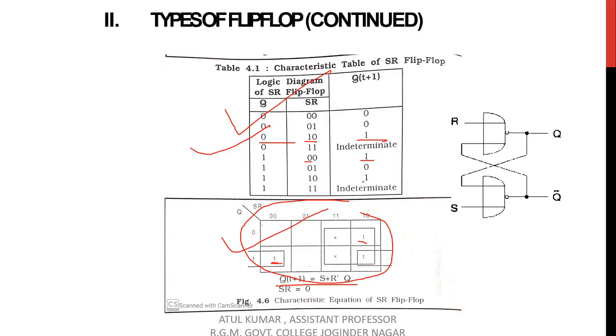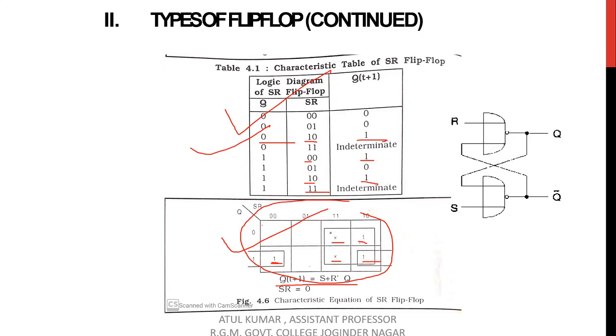And the next case where the output is 1 is when S is equal to 1 and R is equal to 0, that is this case. And when both S and R are 1, in this case we have an indeterminate state, which is represented with a cross in K-maps.